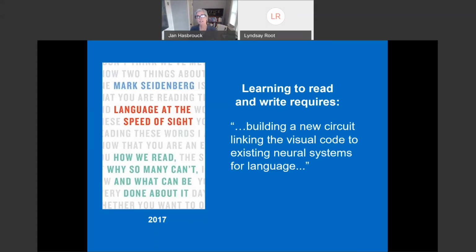In order to learn to read and write, the brain has to create a new circuit, a physical, neurological synapse that connects language to the visual code. If we have a child who's blind, they're going to use a different code. They're going to use a tactile kinesthetic code, but it always involves a code.